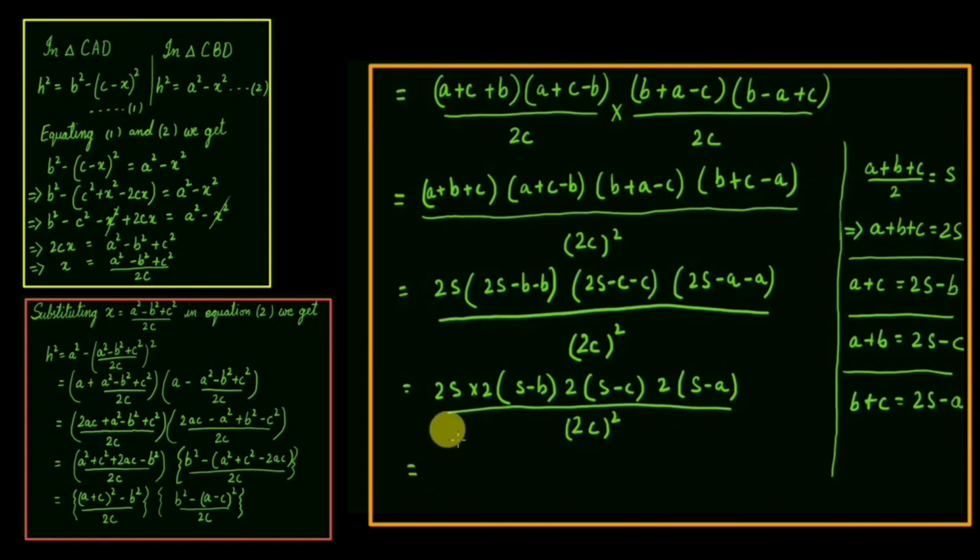So in the numerator we find that 2 is being multiplied 4 times, so I can write 2 to the power 4 into (s minus b) into (s minus c) into (s minus a) by (2c) whole square.